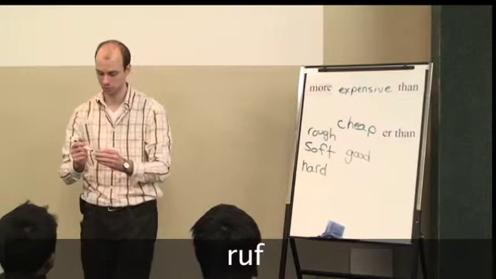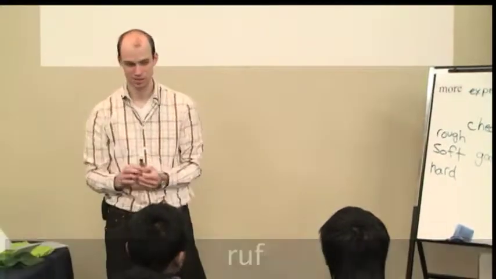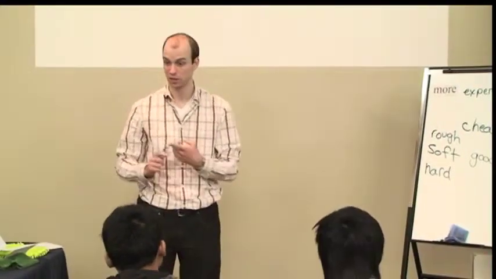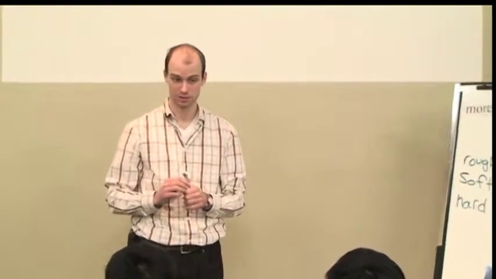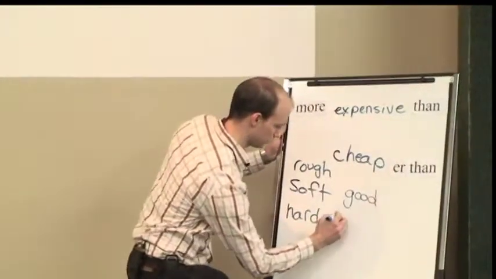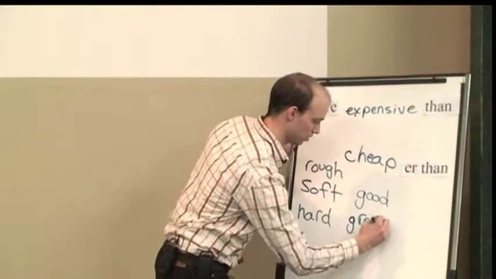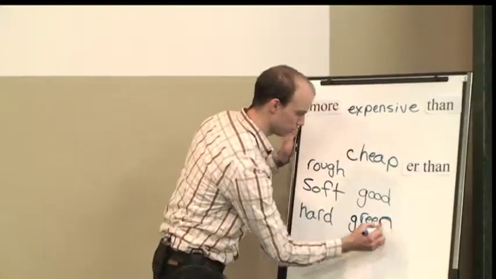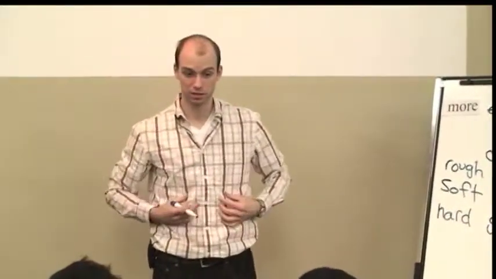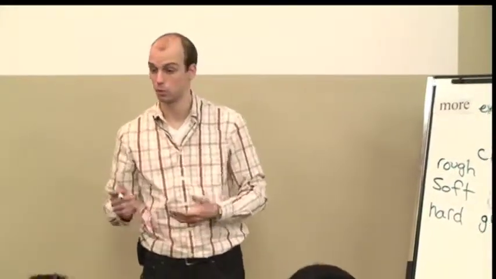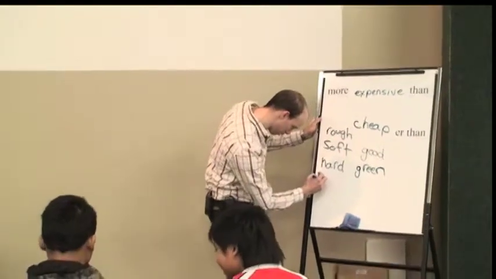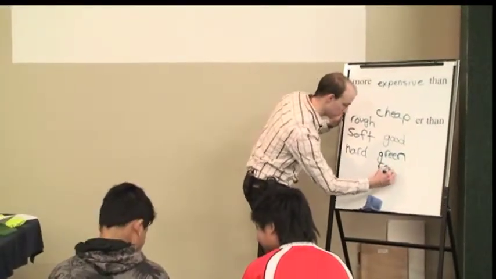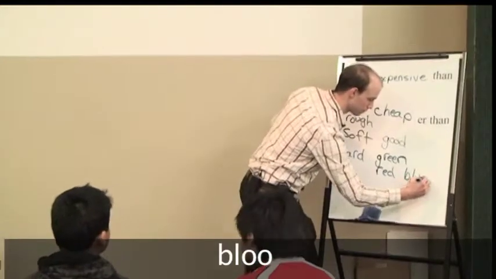Okay. How about other words? We've got colors. What are some colors? Green. Good. Green is a good color. How about the color of your shirts? Red. Good. And we've got one guy that's got blue pants on. So we've got red, we've got blue.